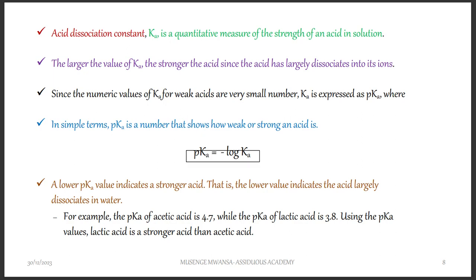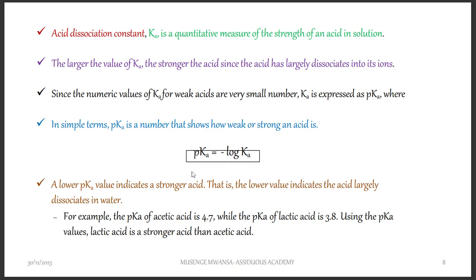If you have h, pH is the negative log of h. If you say pKa, it is the negative log of Ka. So pKa is a much more convenient way of expressing the concentration of hydrogen ions.